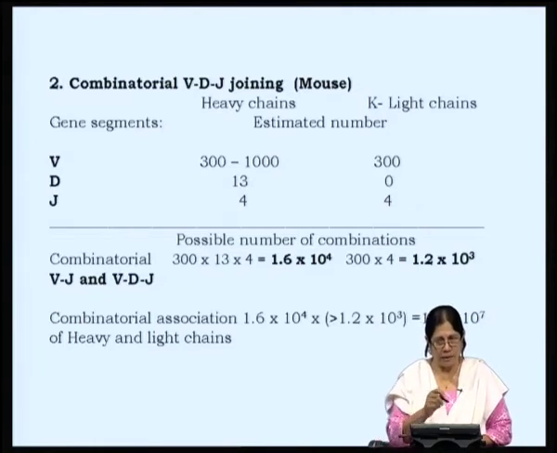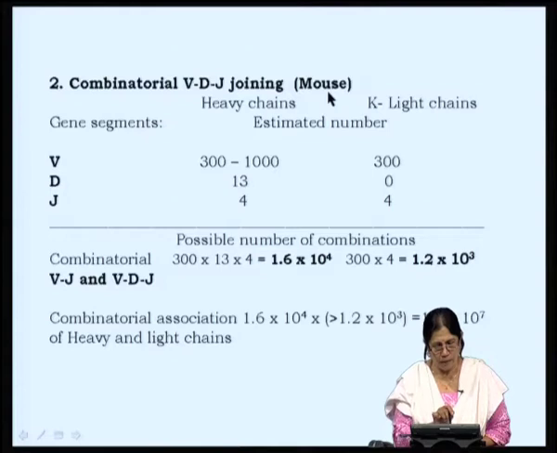And if you do a mathematical calculation, then if you look at just the mouse combinatorial VDJ joining heavy chain, and in case of light chain VJ, then the possible number of combination would happen in the heavy chain 300 into 13 into 4, which would give 1.6 into 10 to the power 4.